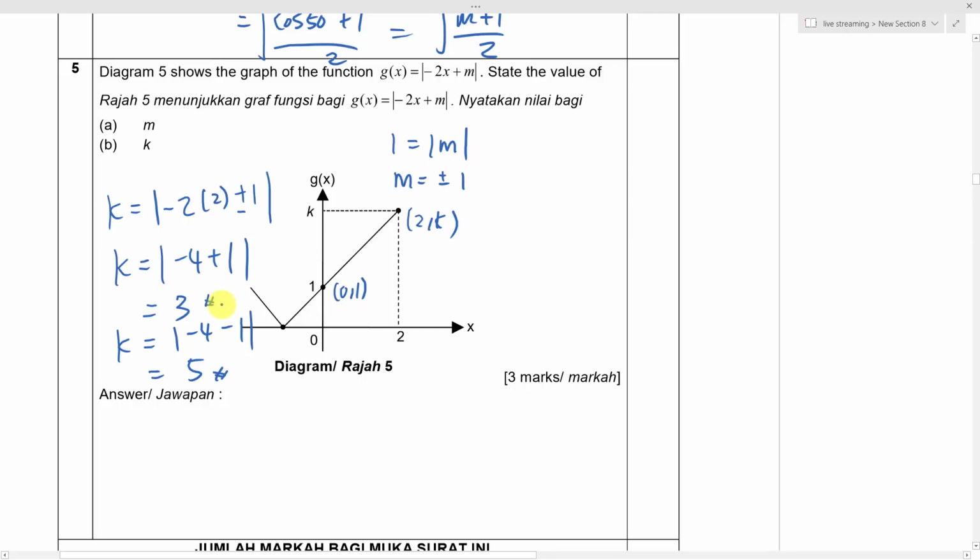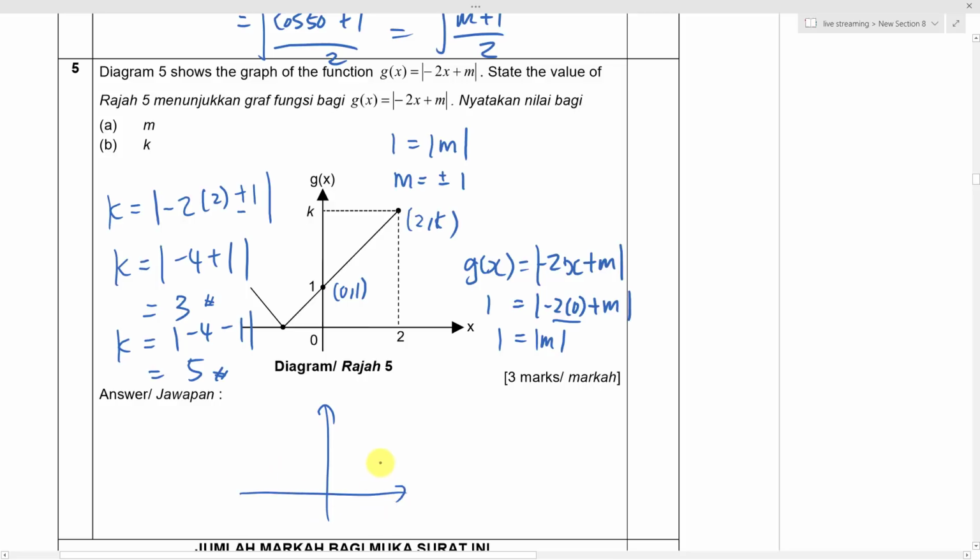But the answer over here, they will only give you 5. I guess your answer is only 5, isn't it, if not mistaken? Because for this kind of modulus graph, you have two possibilities. One possibility is your graph will look like this, and another possibility, your graph will look like this.